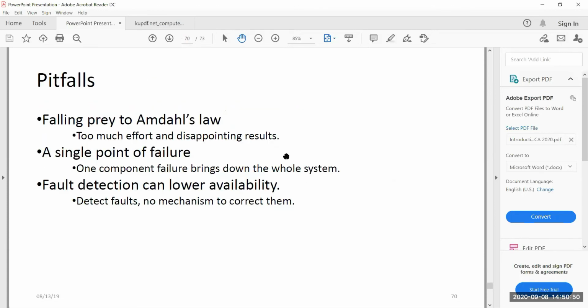Okay, and then there are a few pitfalls, when Amdahl's law seems to be so promising, because for any given program we can try to enhance a certain portion and improve the overall performance of the system. But there are pitfalls.